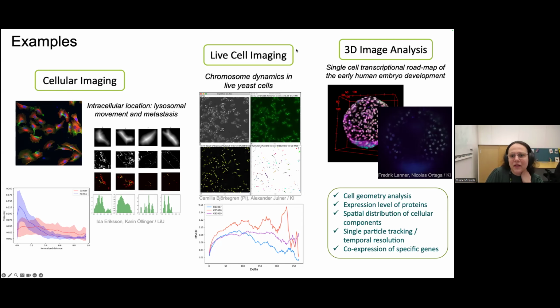So here using, for instance, cellular imaging. But we can also think about live cell imaging. So here we are interested in dynamics. So this is an example of tracking chromosome dynamics in live yeast cells. It's a bit more challenging task, since we have also to track the same cell over time. But here, what we are doing is tagging a specific protein attached to the microtubule during cell division.